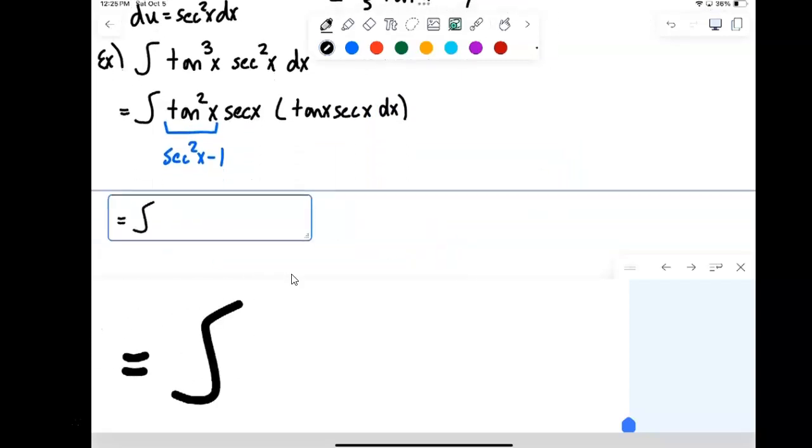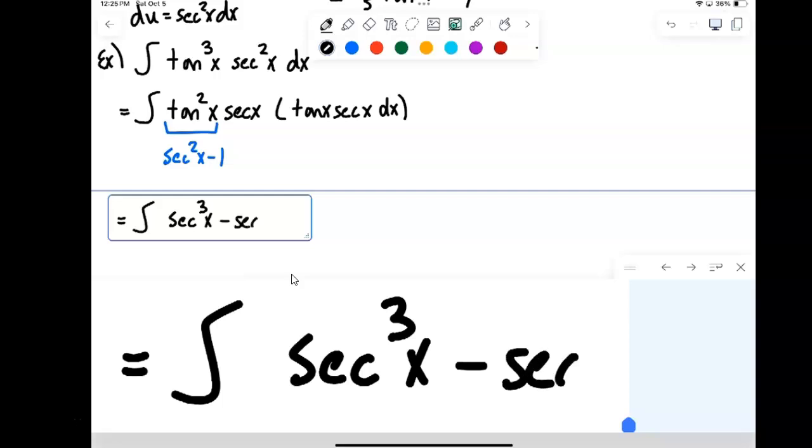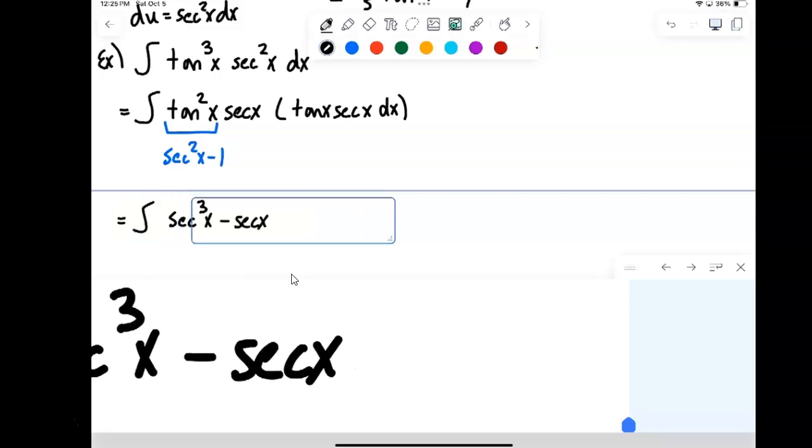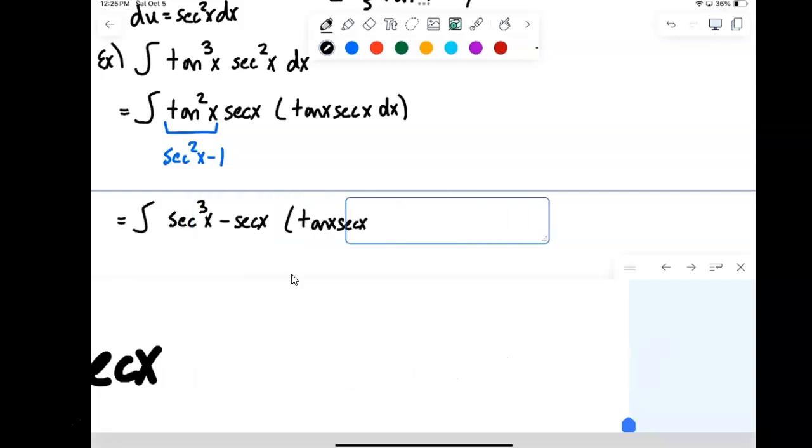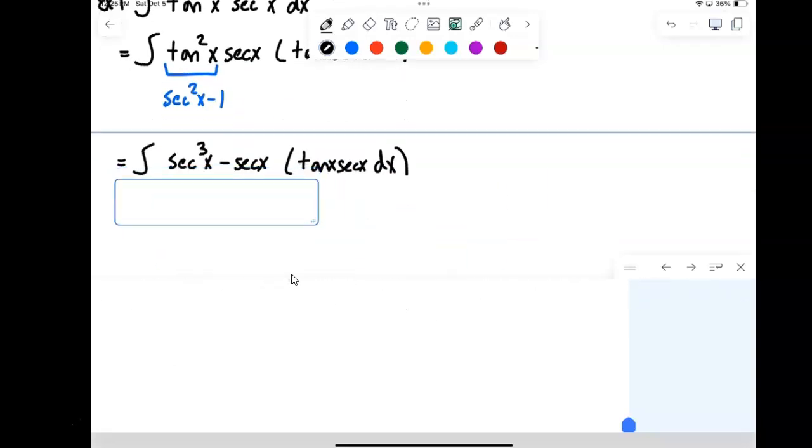So we'll have the integral, multiplying that out, of secant cubed x minus secant x. And then we still have that tangent x secant x sitting around with our dx. All ready to take on and become what it needs to become when we do our u substitution.